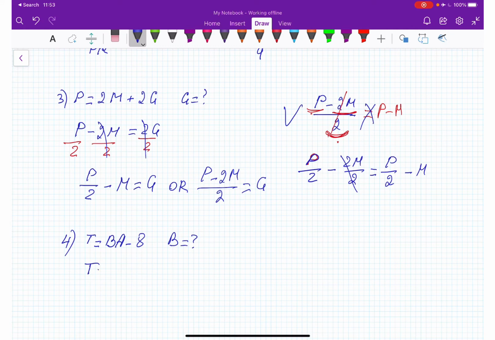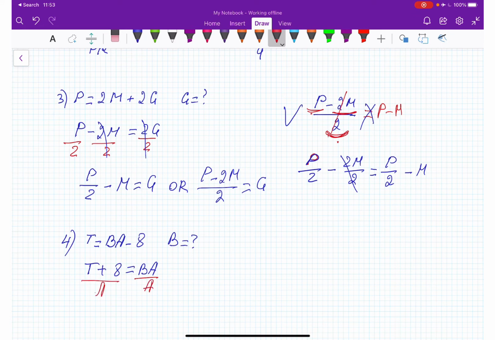It will be T plus 8 is equal to BA. And I need B, so I'm dividing by A.